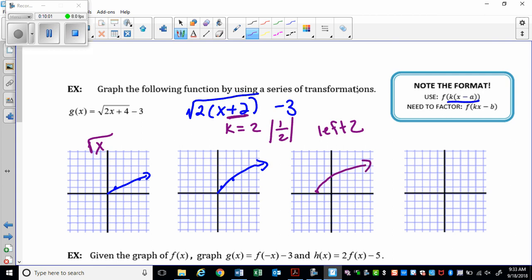And then this minus 3 means that I'm going to go down 3. So I'm going to start here, down 1, 2, 3. Let me just write it, sorry. Down 3. Go 1, 2, 3, and still translation. Alrighty, so that is going to be our transformation based off of this function.